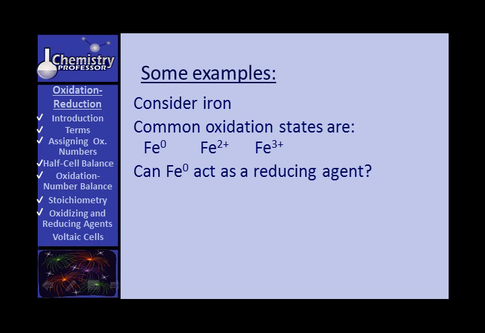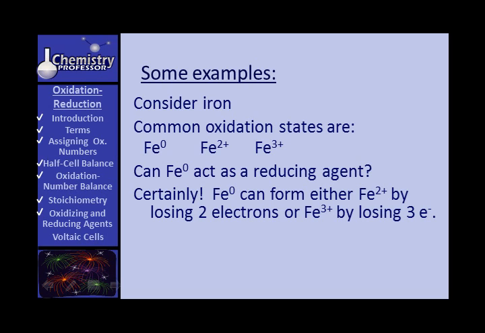Can Fe with a 0 charge act as a reducing agent? In other words, can elemental iron act as a reducing agent? Now think about it. And the answer is certainly it can. Why? Because Fe can lose electrons to form either the ferrous ion or the ferric ion.